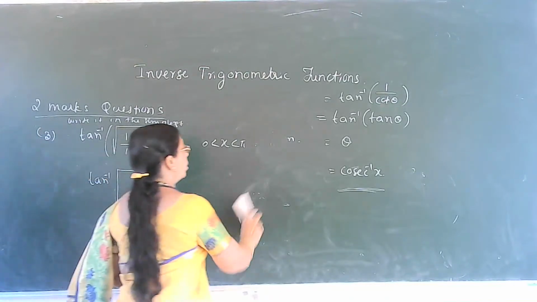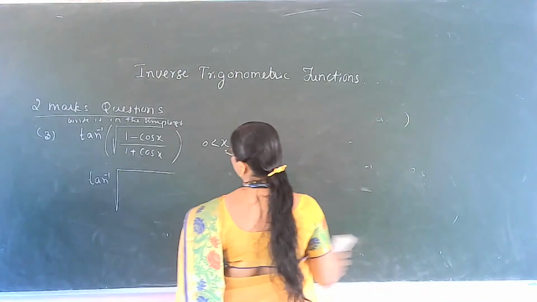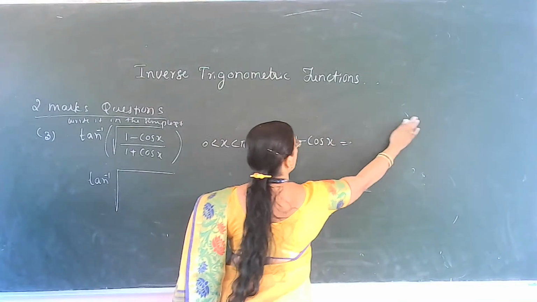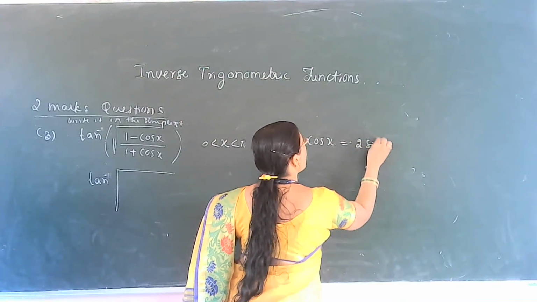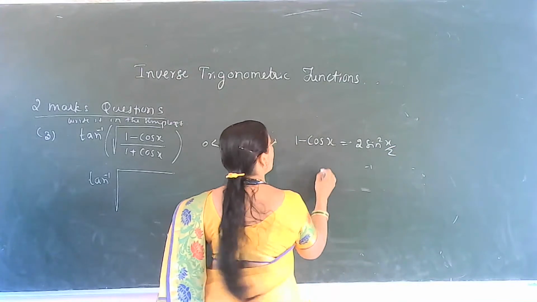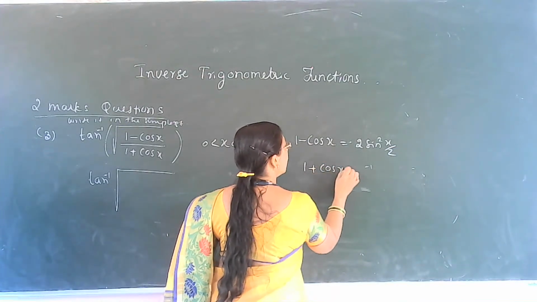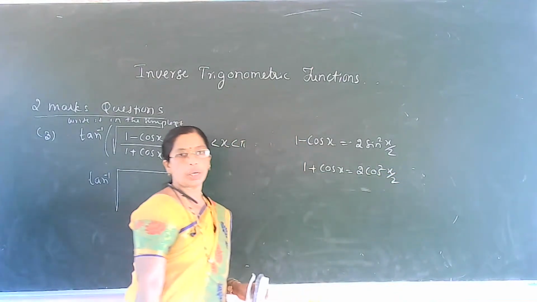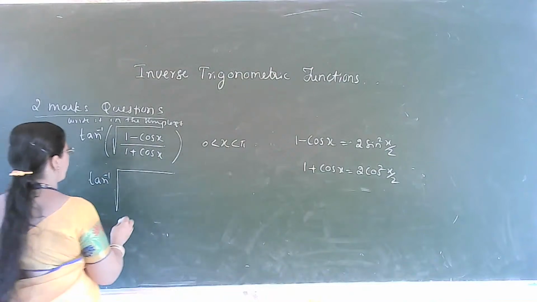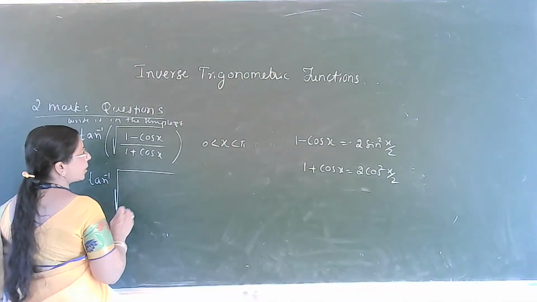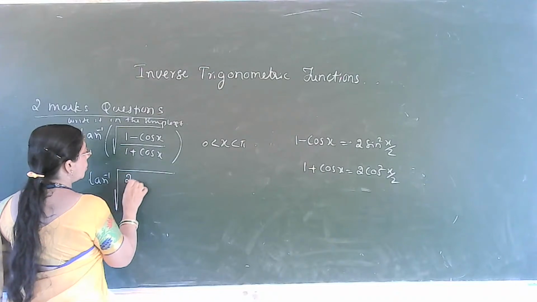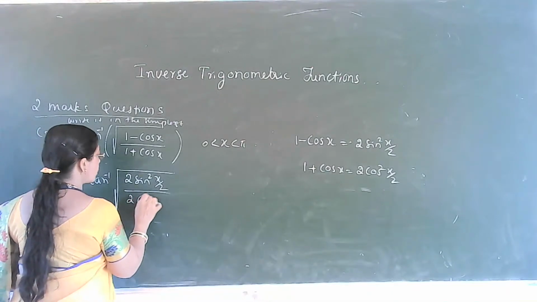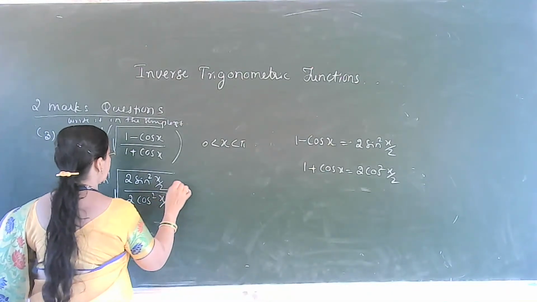You already know the identities: 1 minus cos x is equal to 2 sin square x by 2, then 1 plus cos x is equal to 2 cos square x by 2. We substitute these identities in this function, 2 sin square x by 2 and 2 cos square x by 2.